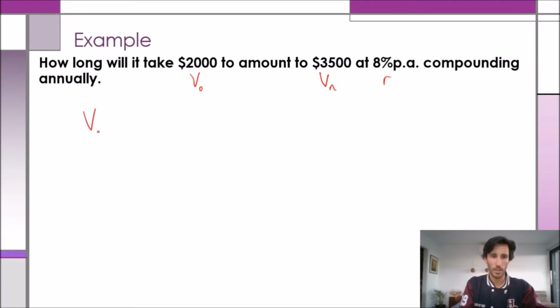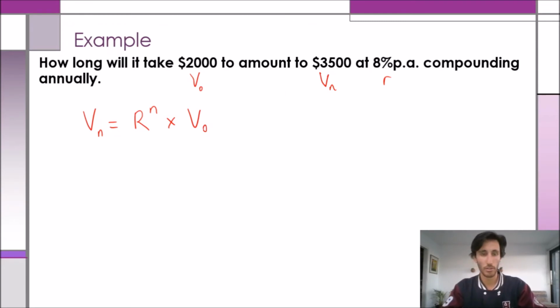Since Vn equals R to the power of n times V0, we're trying to find little n.